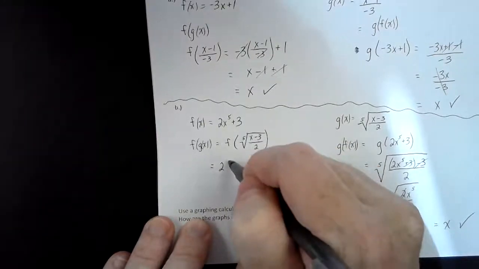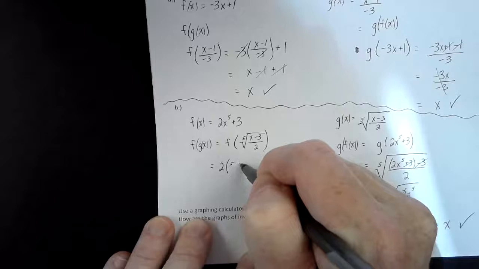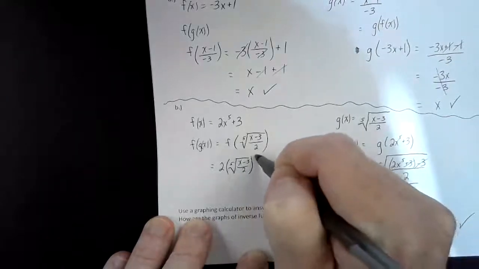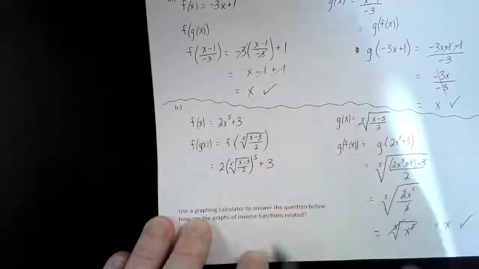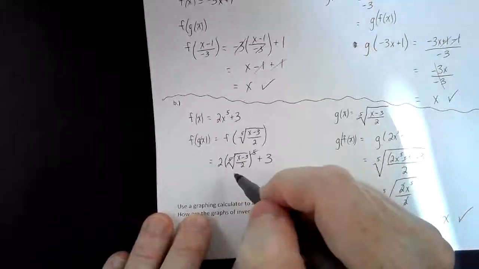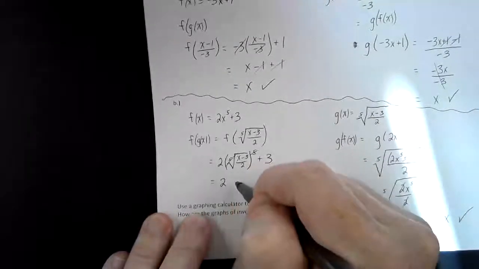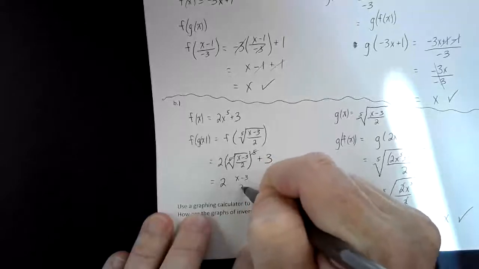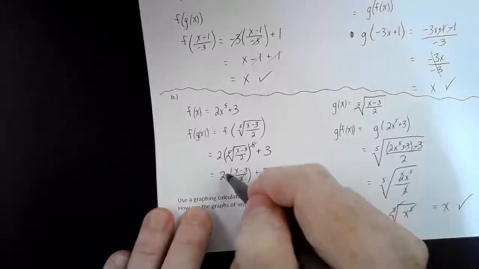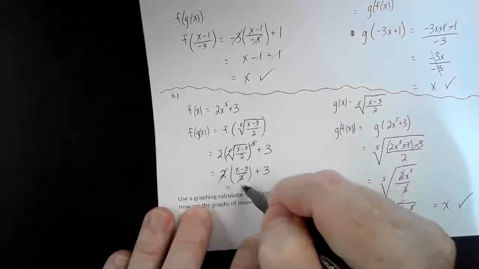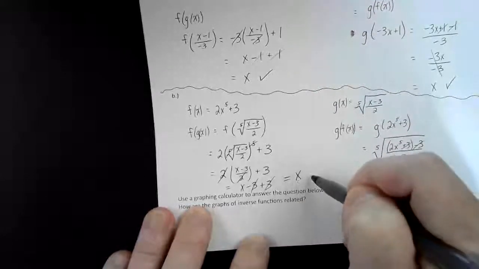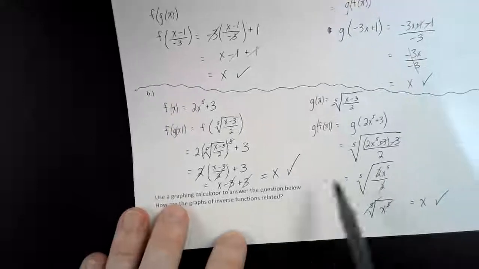Now we have this guy, x minus 3 over 2, to the 5th plus 3. All right, the 5th root and 5th power cancel, leaving us 2 times x minus 3 over 2 plus 3. Guess what? The 2's are going to cancel. x minus 3 plus 3, and the 3's cancel, leaving us x. So it worked out again in this case.